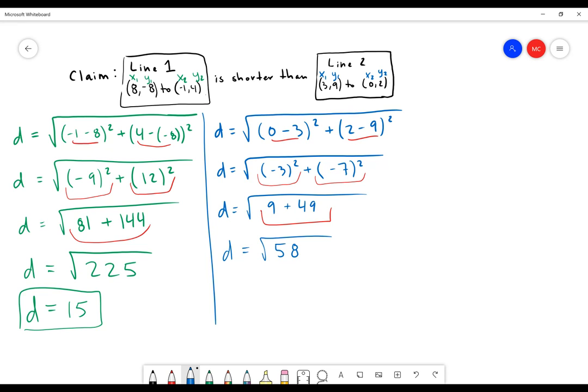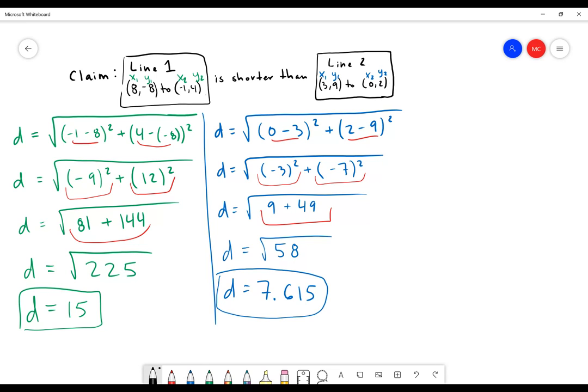And if I take the square root of 58 using a calculator, I get a distance of 7.615 and some other decimals, but I can cut it off there because I already know that this is a smaller distance than what I found for line 1.